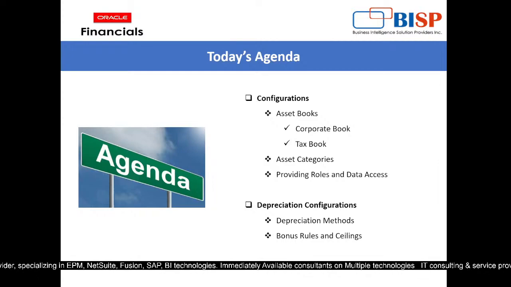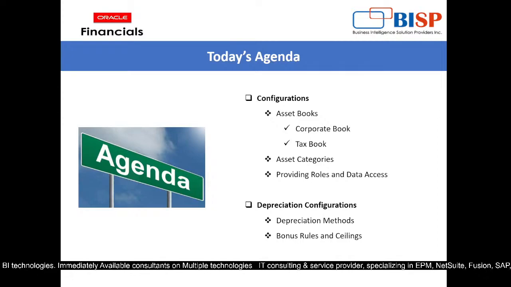These asset categories we assign to our asset books before using them. Then we'll provide roles to our user and the data access, and then we will see how from the user's end we can see what all access is provided to him.